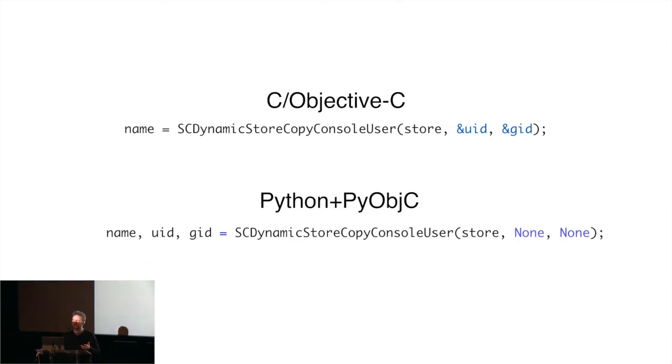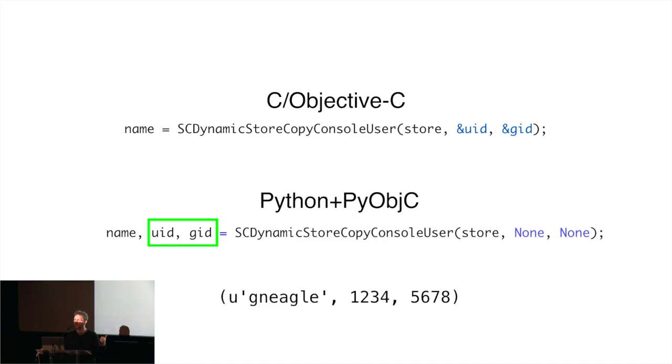So when you translate the syntax of this type of function to PyObjC, what you have to do is any of the variables that are actually supposed to be pointers that stuff is going to be returned into, you just pass None for those. And then the PyObjC bridge will put those variables in the return list. So instead of returning one thing, it returns three things. In this case, our name, our UID, and our GID. And that now explains why we got that back instead of just the string that we were originally expecting.